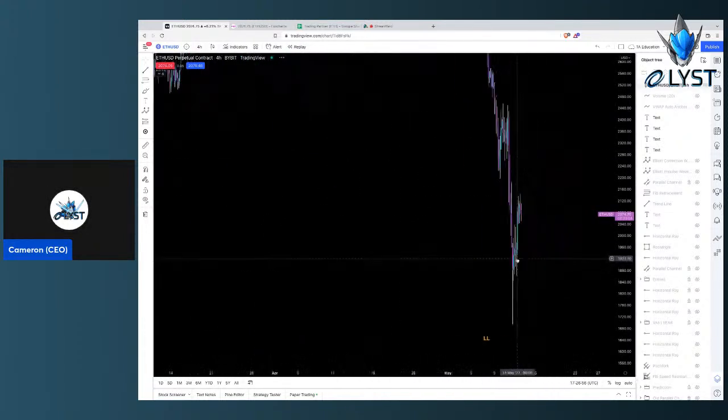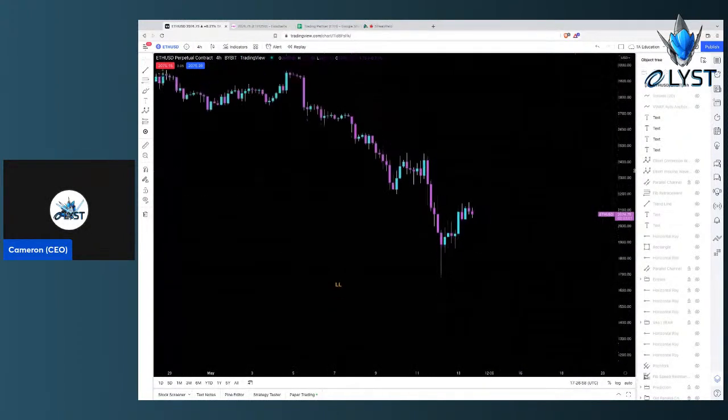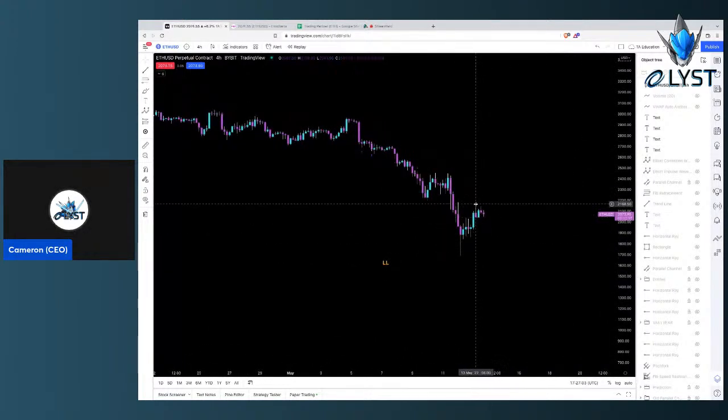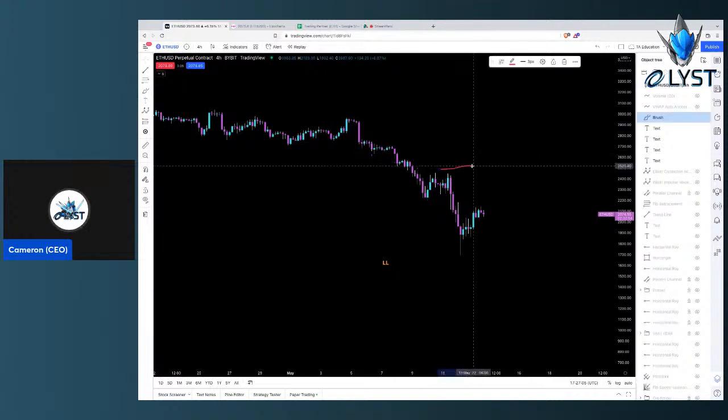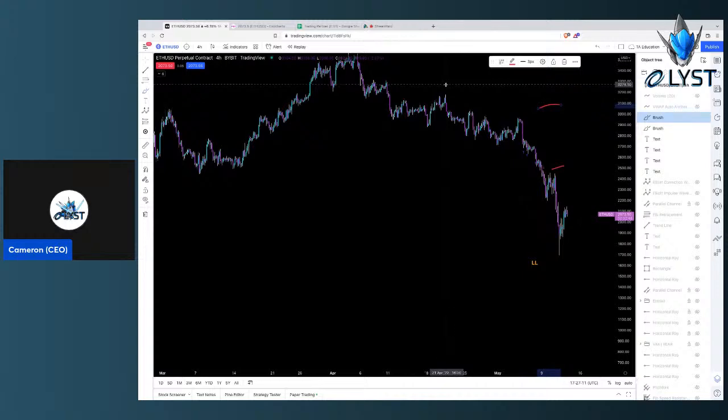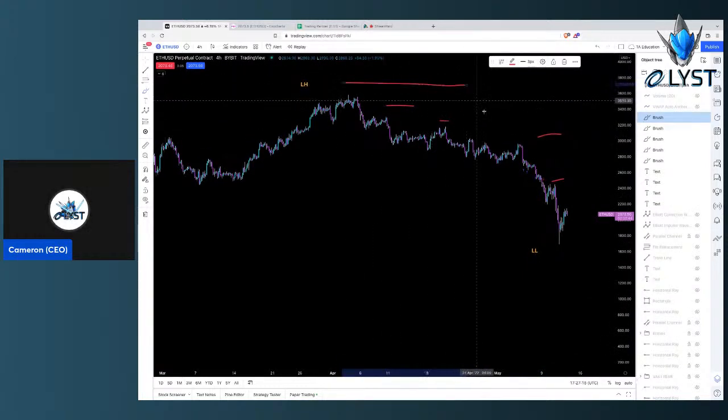4-hour chart, right? We have some significant highs that we have to take, right? This isn't a higher high. That's a lower high, right? We have to take out this. We have to take out this. And these and these. And most importantly, this one.